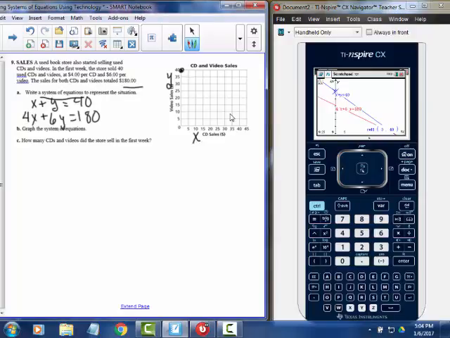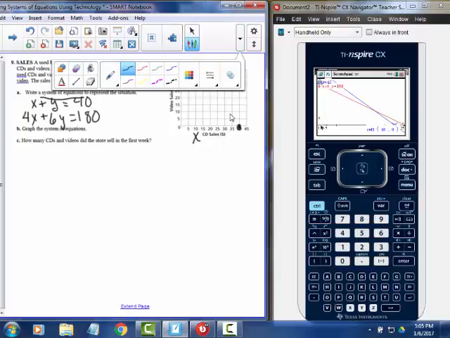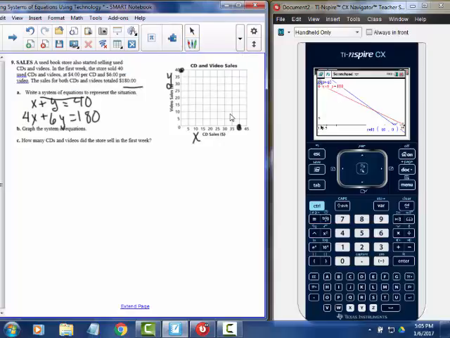And then if we trace down to the x-axis, oops, too far. We're at 40. Okay, so we'll connect our points there. Right. And then we'll look at our red line.